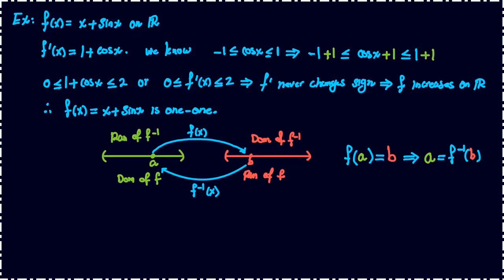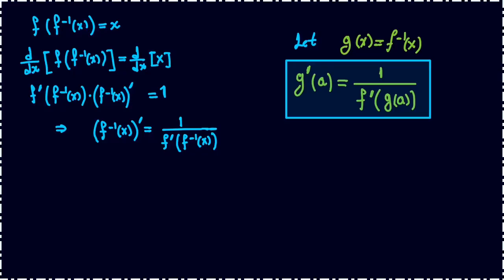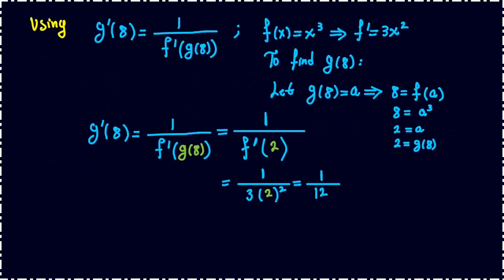You can't. Imagine you set x equal to y plus sine of y. How do you solve for y, in which you would get the inverse? We can't. So we have to rely on the formula for the derivative of the inverse.